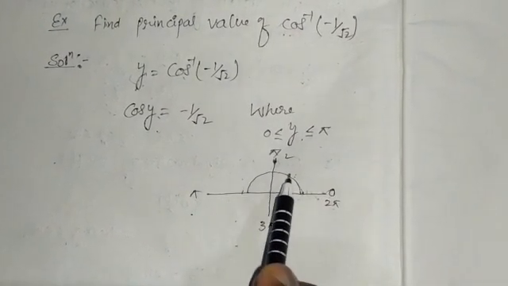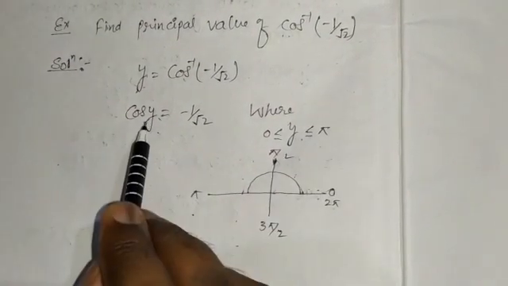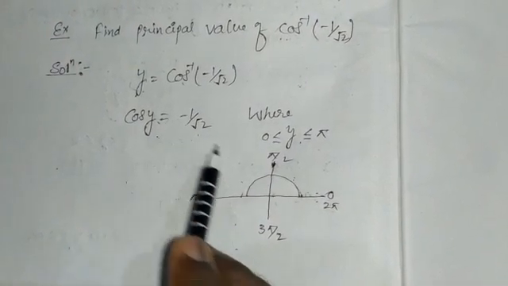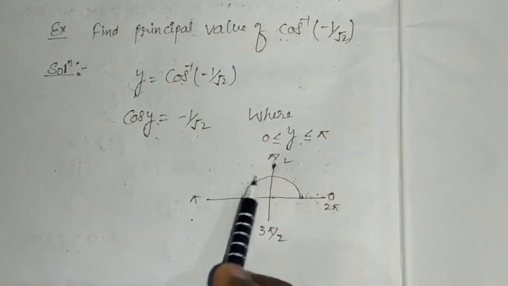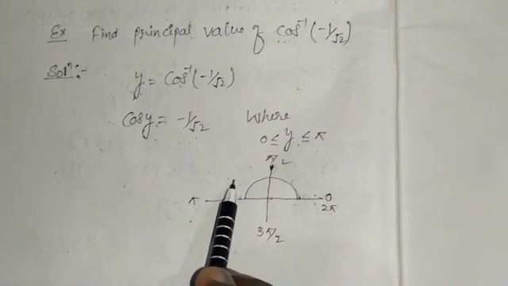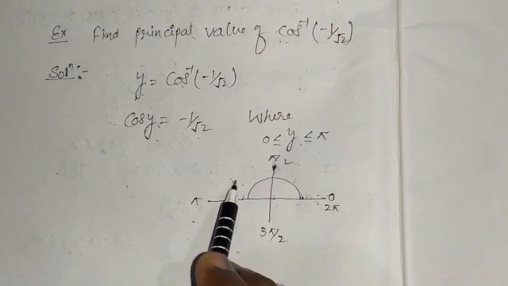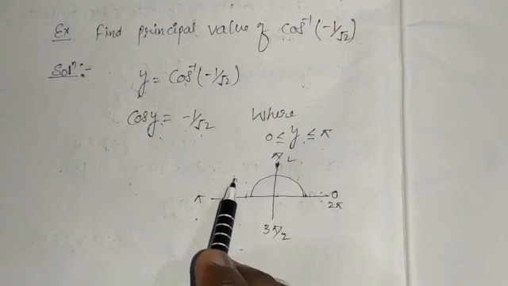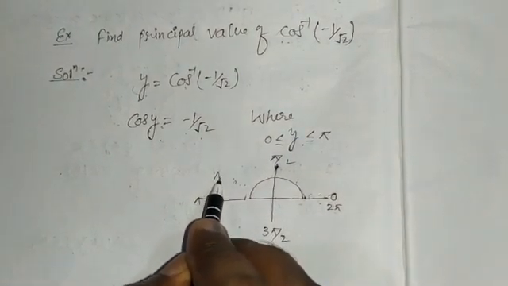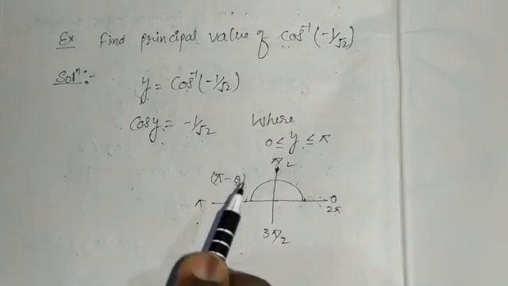You know that the value of cos is always positive in the first quadrant, and we have to find the value of y such that cos y is equal to minus 1 upon root 2. This is negative, so the value of cos is negative in the second quadrant. In this quadrant, to find the value of y, we have to write π minus θ.